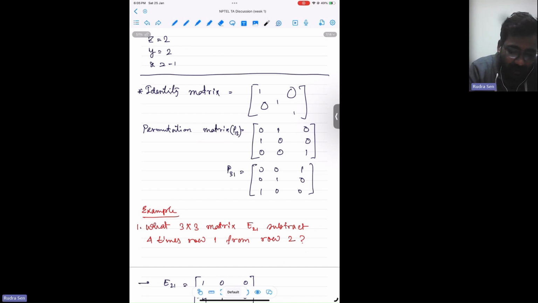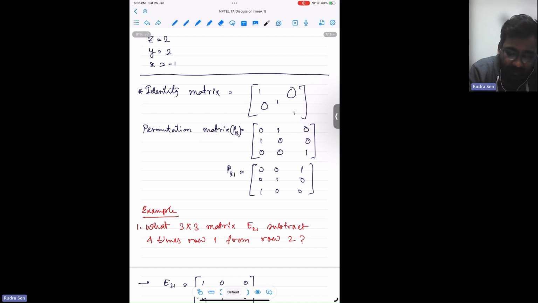If we want to exchange row 1 and row 2 of any matrix, we need to pre-multiply that matrix by this matrix. We just exchange rows 1 and 2 of the identity matrix, so we call it P12 or P21.